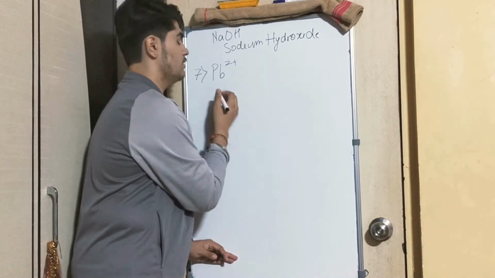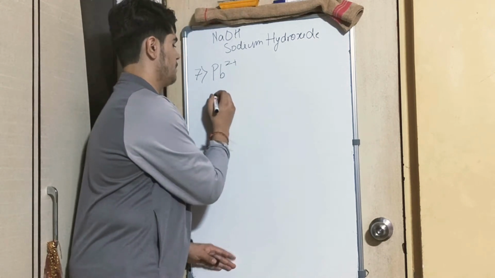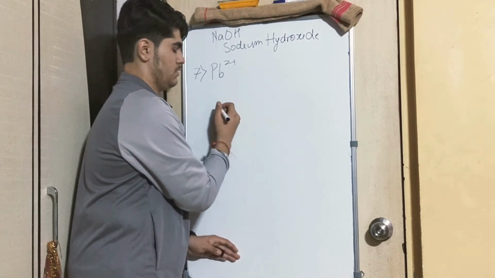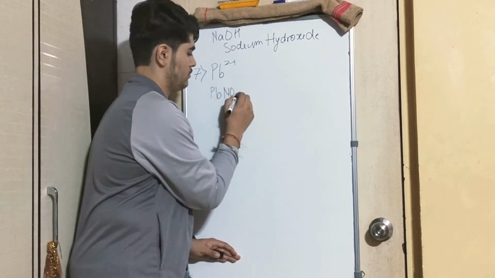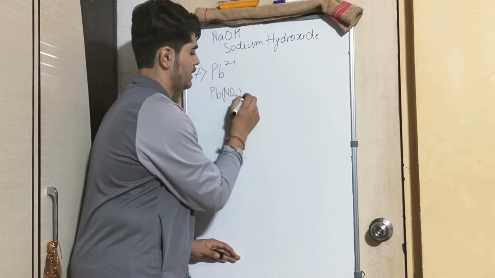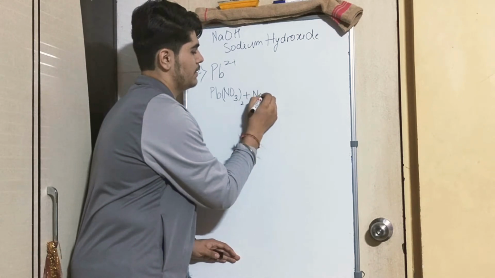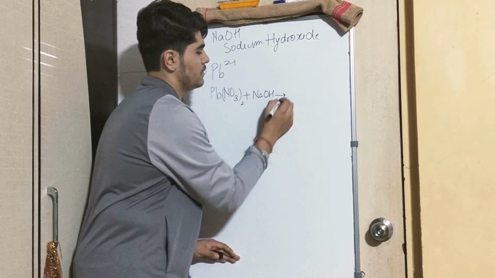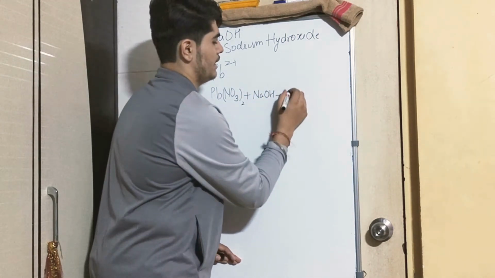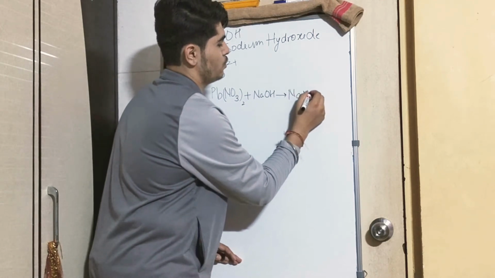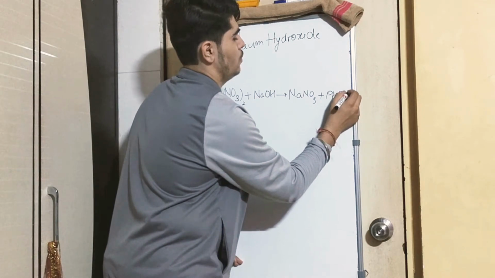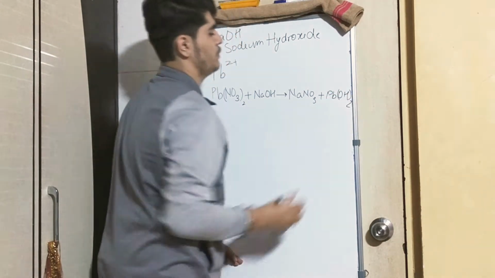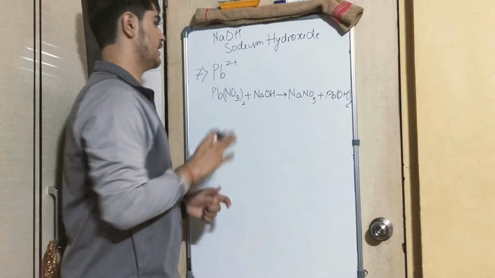Plumbic is Pb4+. So Pb(NO3)2 plus NaOH gives NaNO3 plus Pb(OH)2. Getting it?